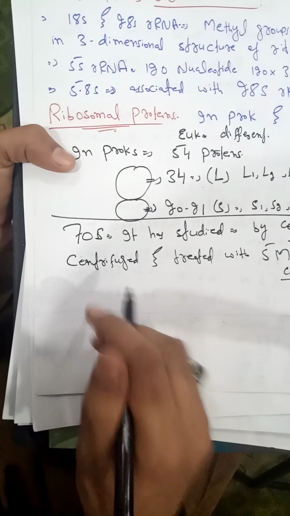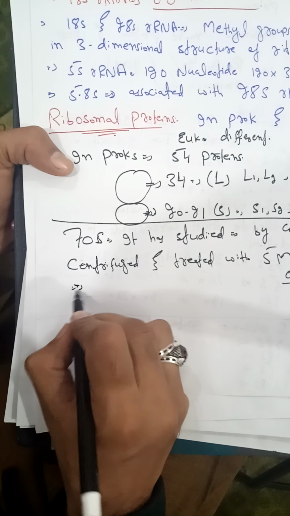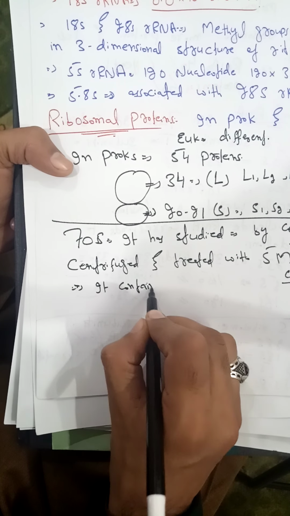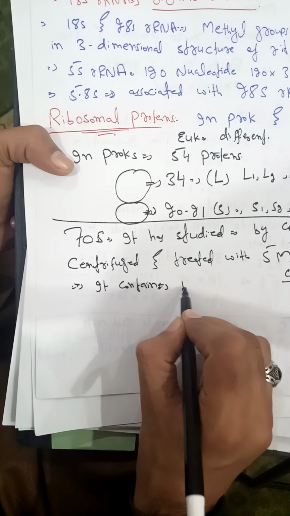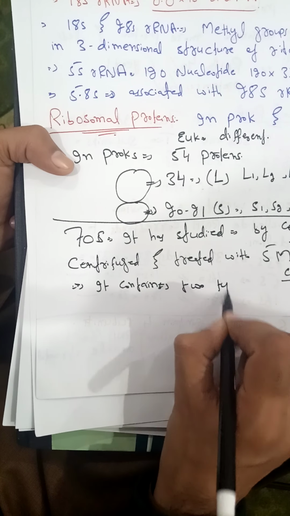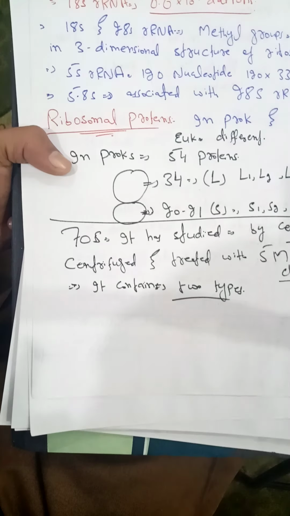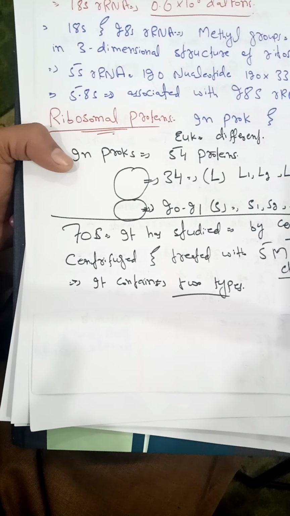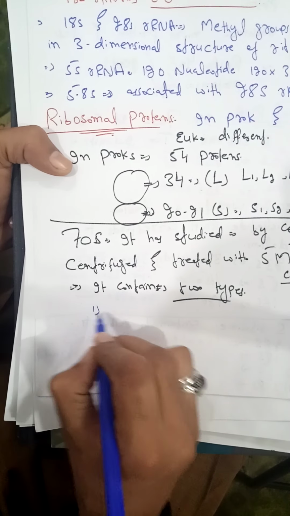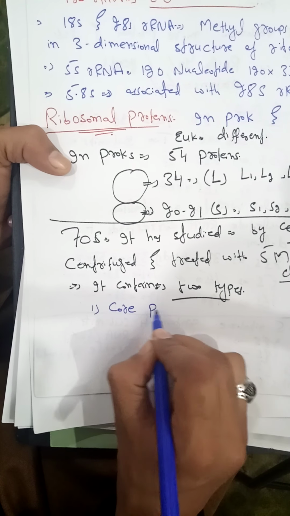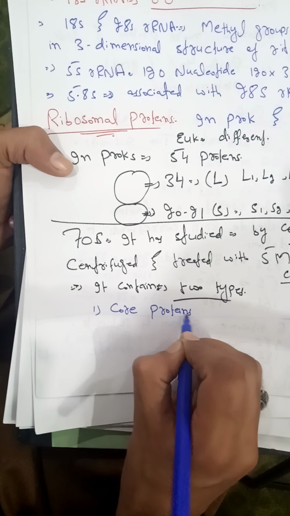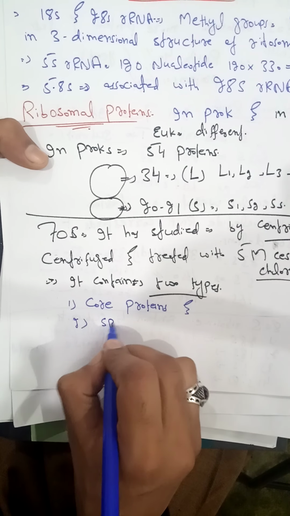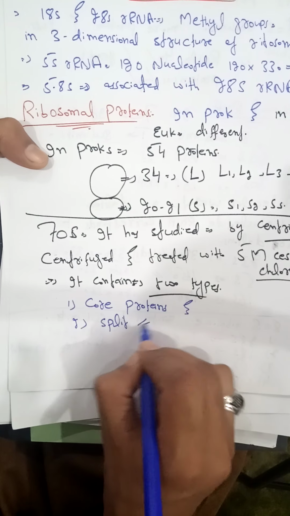The proteins of the 70S ribosome are divided into two types: the core proteins and the split proteins.